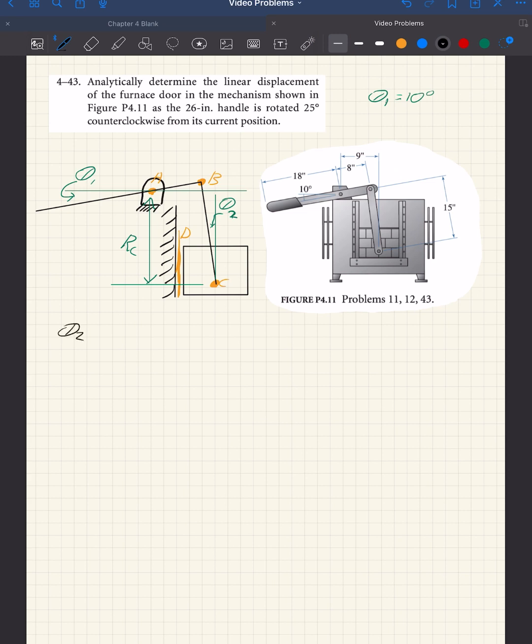So theta 2 is equal to, now if we take a look, we can call this distance that bar BC moves in the horizontal, between pin B and C in the horizontal, length L. So theta 2 is equal to the inverse sine of L over length BC.